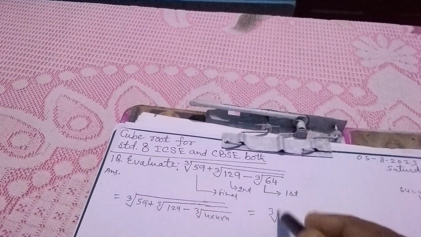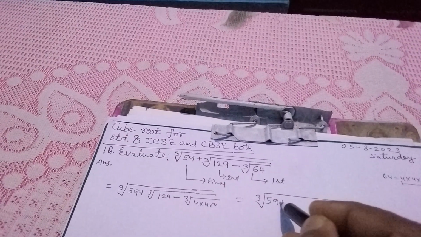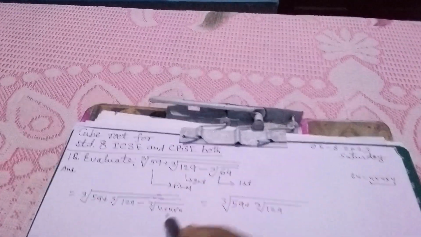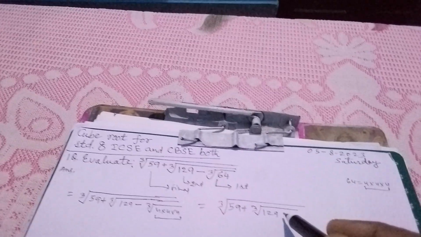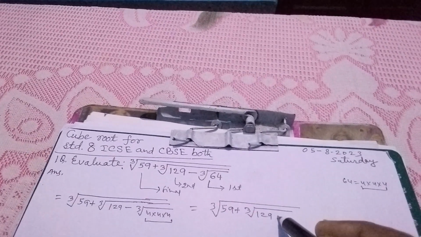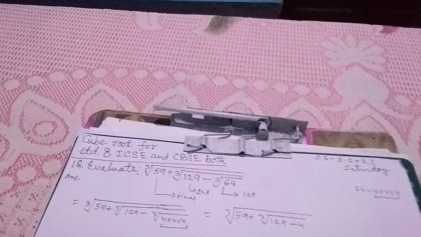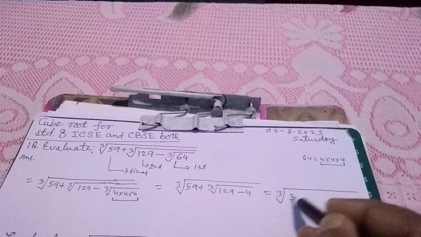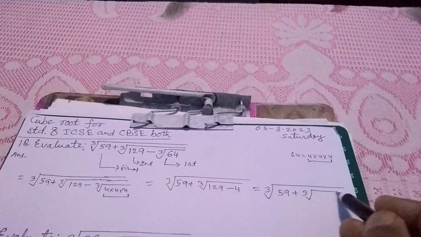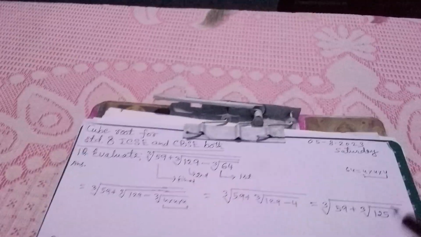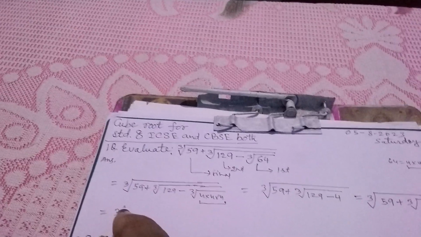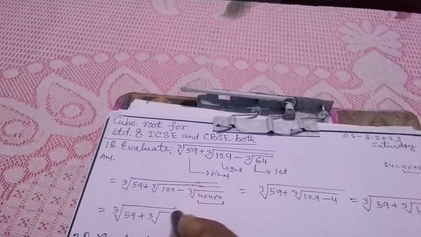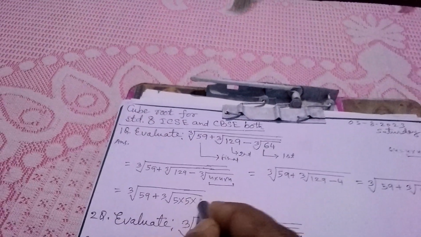And that is equal to cube root of 59 plus cube root of 129. And for these three factors, one factor will be the cube root. So minus 4, and this is equal to cube root of 59 plus cube root of 125, and 125 means cube root of 59 plus cube root of 5 into 5 into 5.